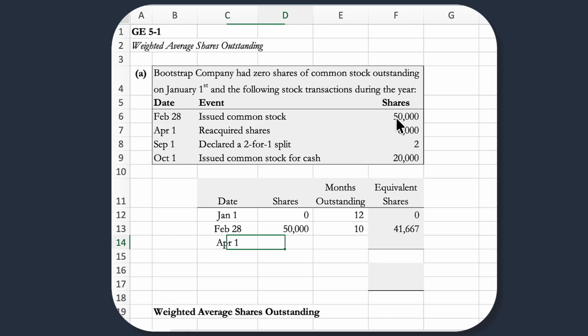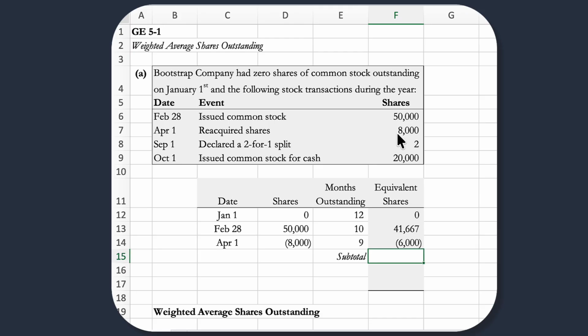Now it's April 1st and we've reacquired shares. So we need to put this in as a negative number. Those are no longer outstanding, and those were not outstanding for 9 months of the year. So we'll weight that over 12. And now we've got on September 1st a stock split. And you'll remember that whenever there's a stock split or a stock dividend, all you need to do is subtotal so that you can retroactively apply that stock split.